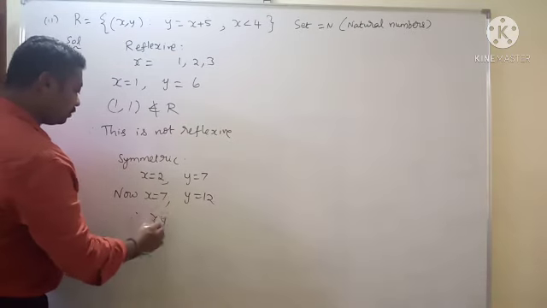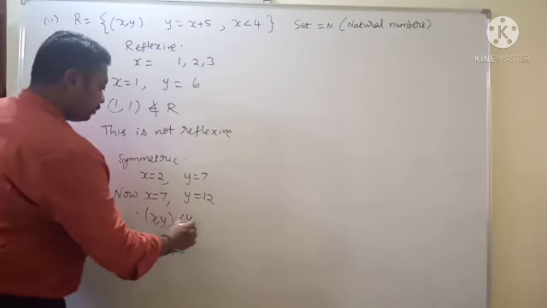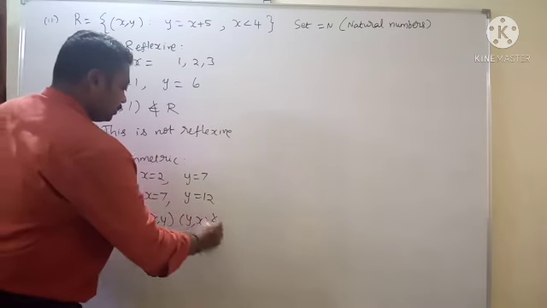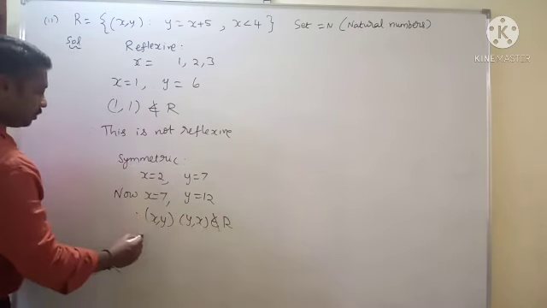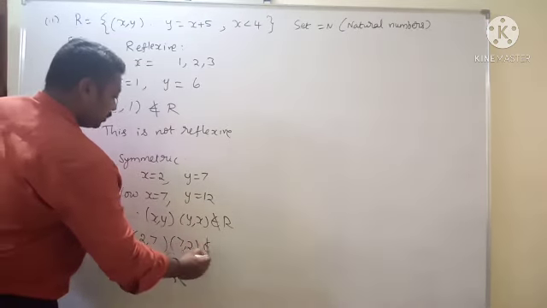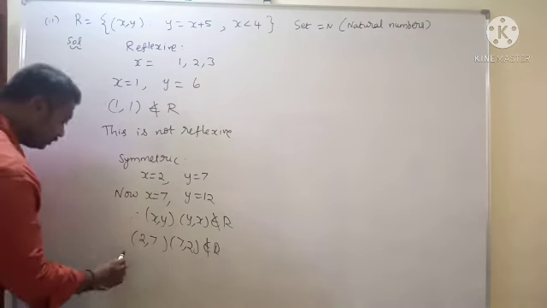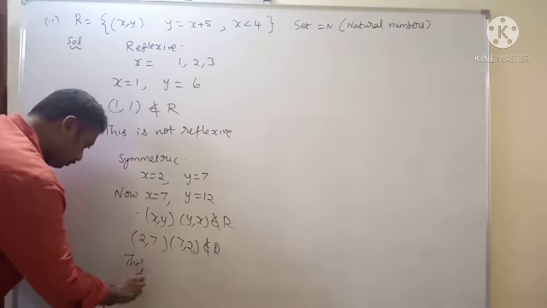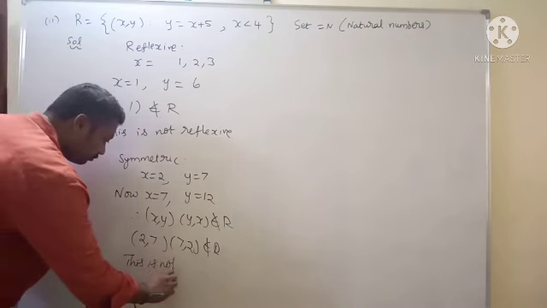Therefore (2, 7) and (7, 2) do not both belong to R. So this is not symmetric.